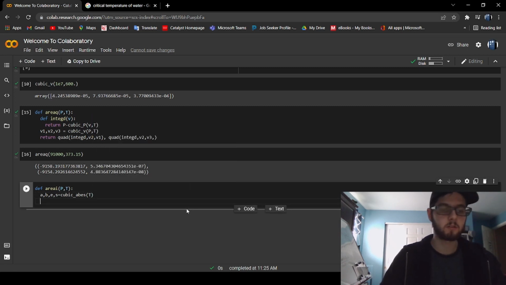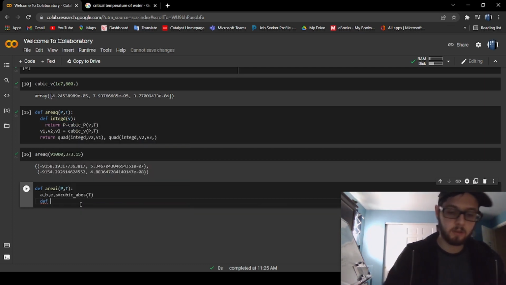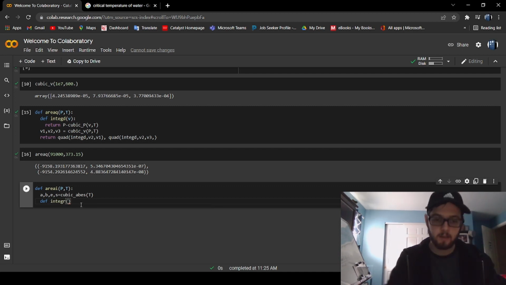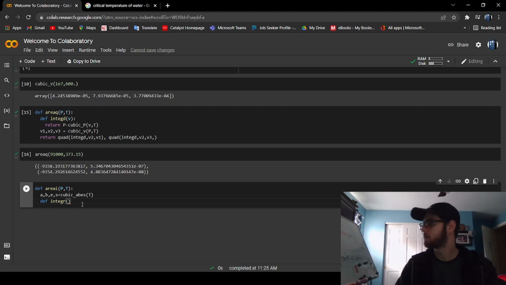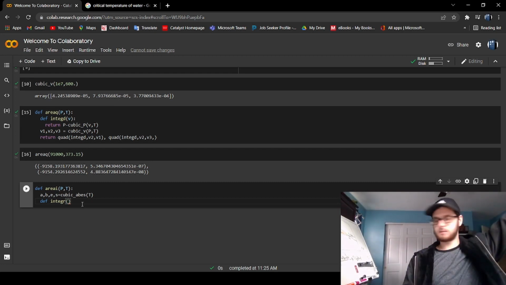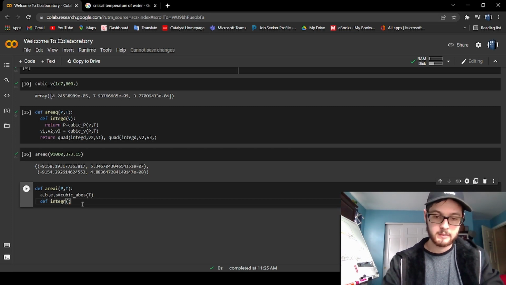We're also going to want to define an integral, so integ, and we want the integral to be of this thing that I wrote down on the board.